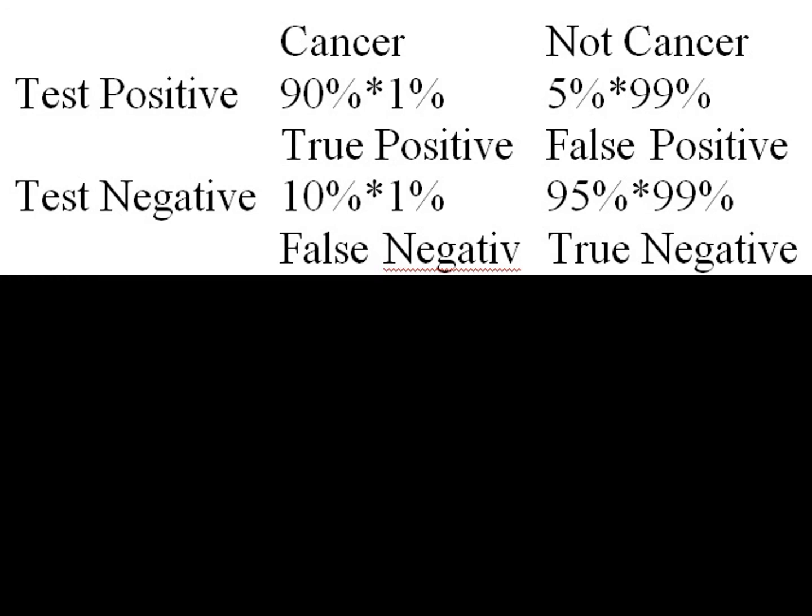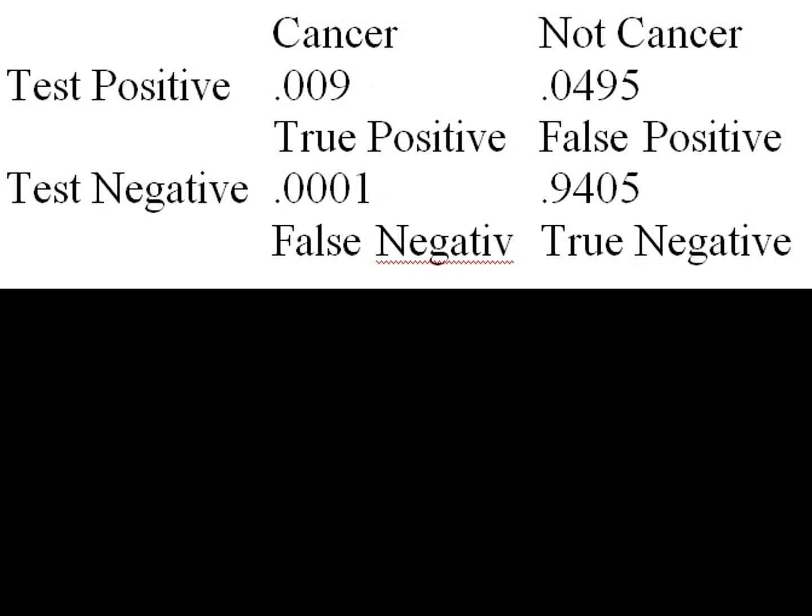So we multiply out those values. When we multiply out those values, we have two results. We have the test positive results, whether you have cancer or not, 0.009 and 0.0495. And you have the test negative results, which are 0.0001 plus 0.9405. Now, the original question was, what is your chance of having cancer?